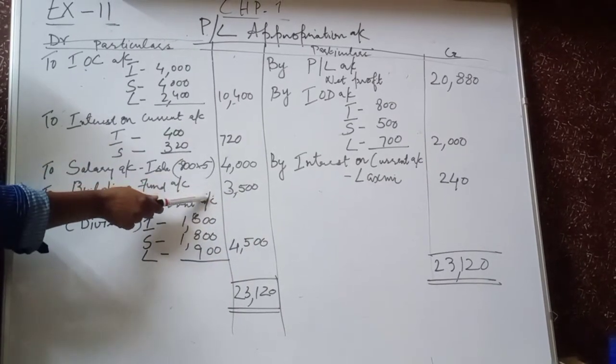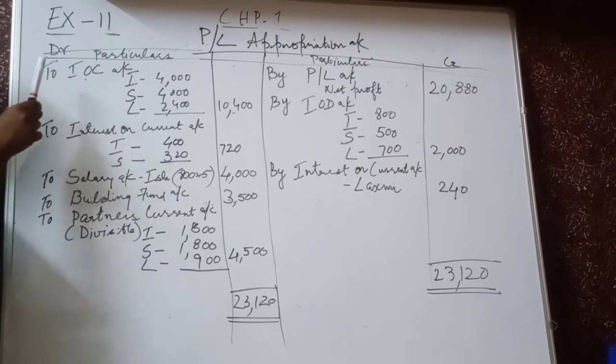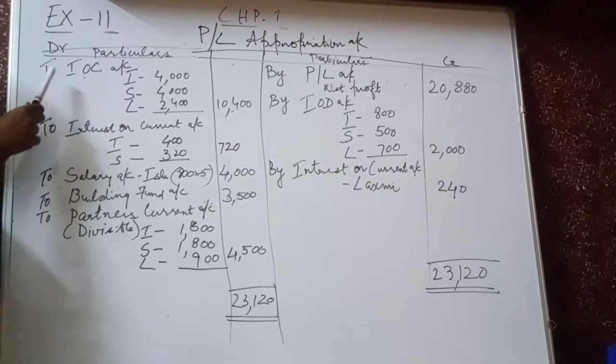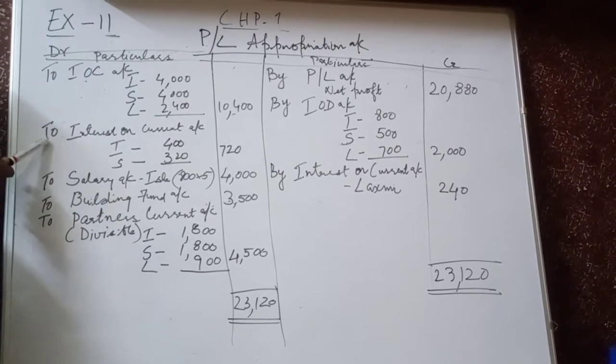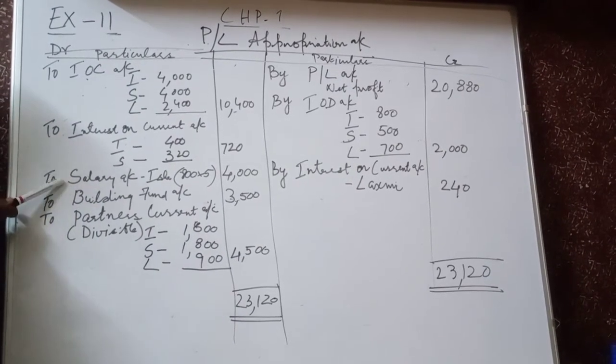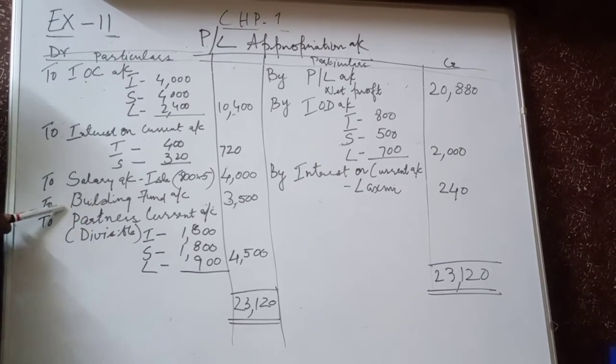These are the information which are already given, that too directly in the question. So we debit. And we have already seen the calculation for interest on capital, interest on drawings and interest on current account. That is already clear to you. And these are the items, that is salary, building fund, directly given in the question.